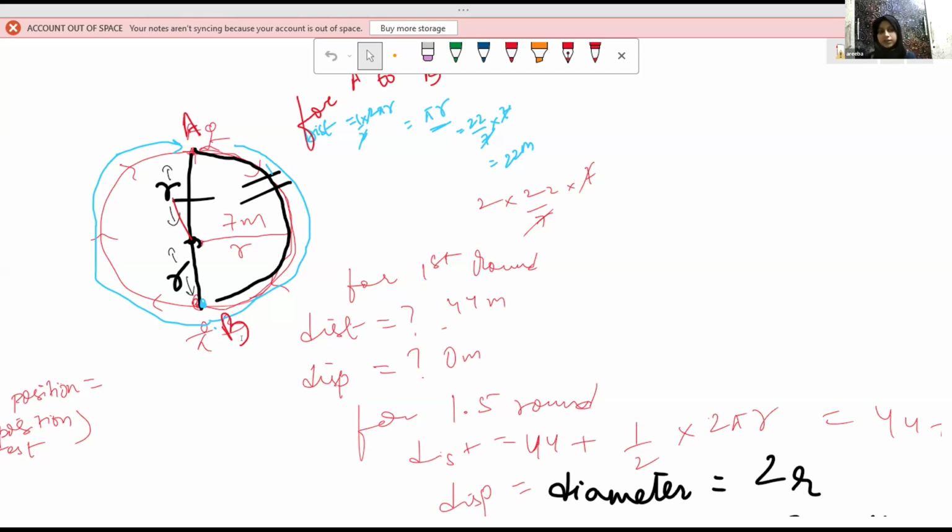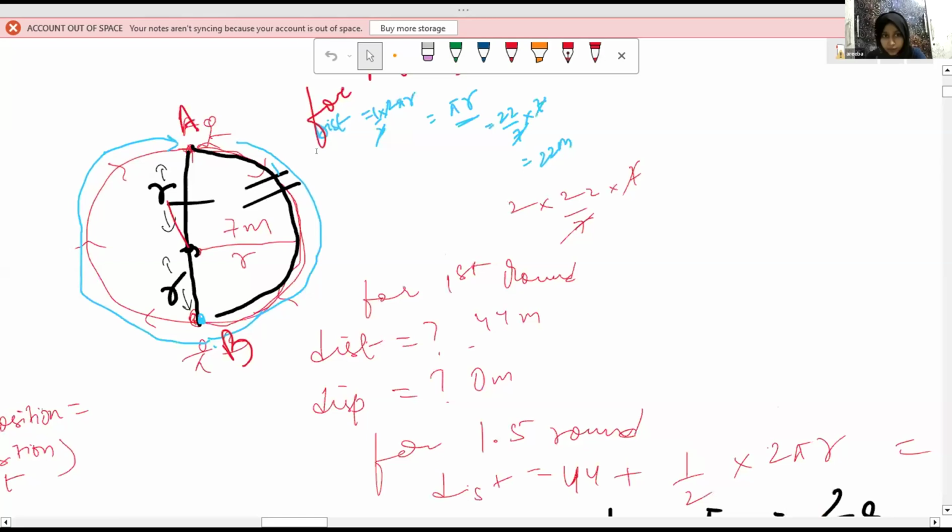Perfect. Now if I talk about displacement here from A to B, what do you think? Will the person again go from here to here to here, or straight away from A to B?